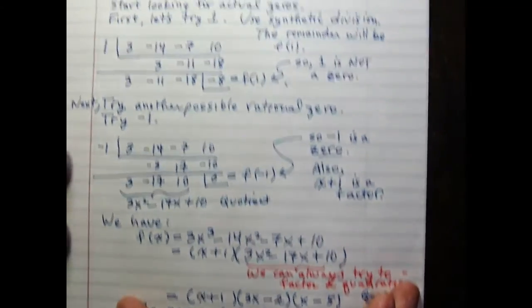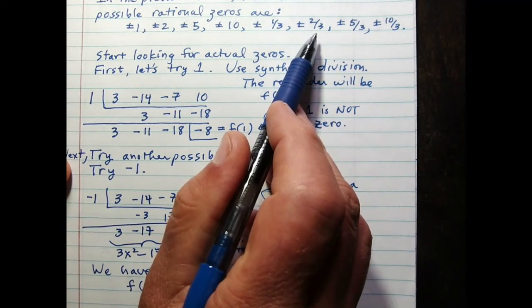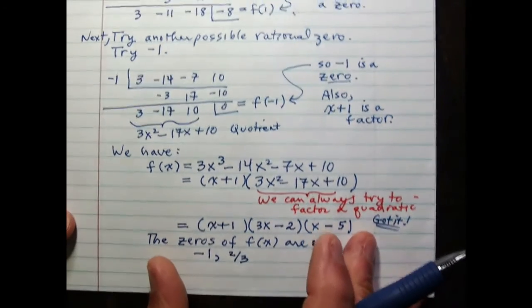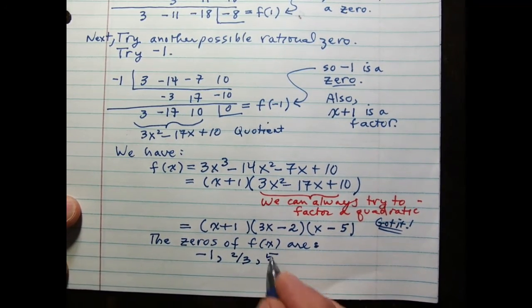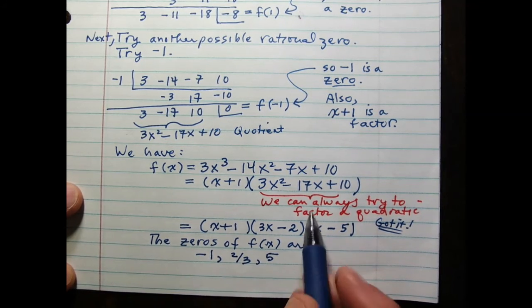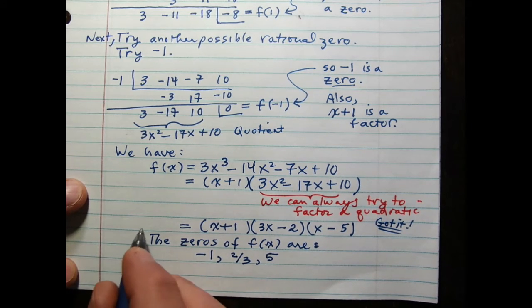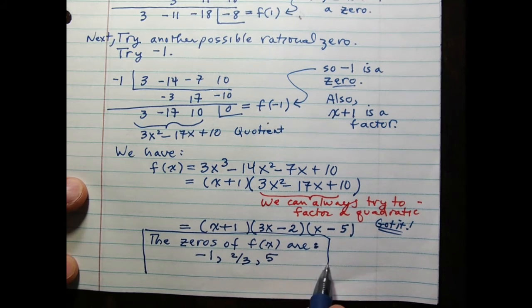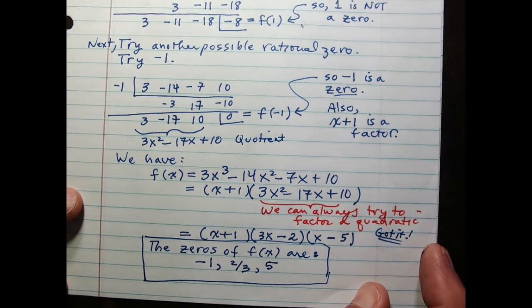Now that was on our list somewhere of possible zeros. We wouldn't have found it for a while if we went through systematically, so we're lucky we were able to factor here. And my other one is 5. And that was also on our list. But again, because we got down to a quadratic factor, then we can use old-fashioned factoring techniques to factor, hopefully. And once we have the factors, we can just read off what those other zeros are.